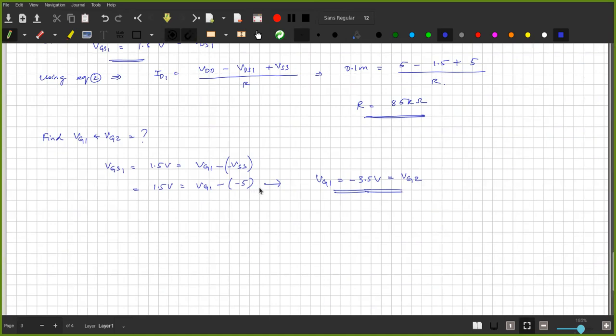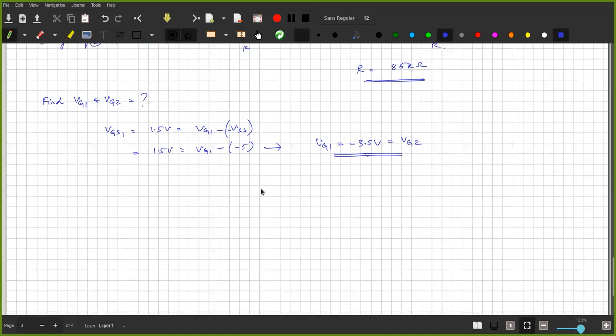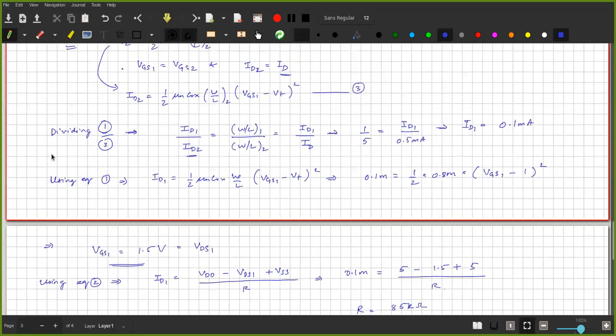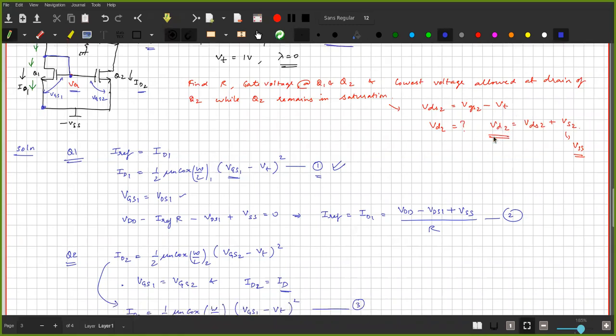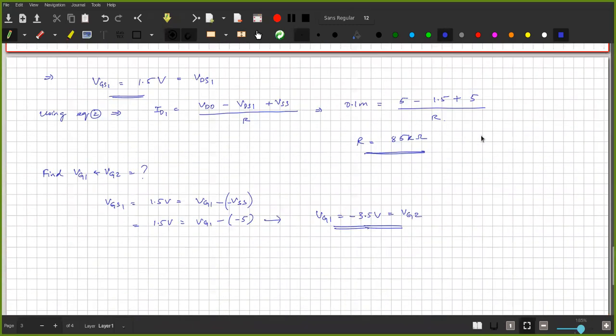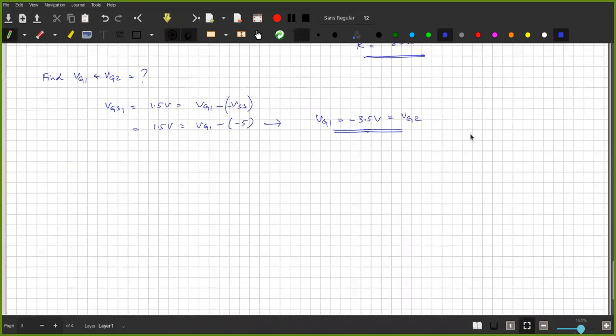From this, what is next is I have to find the limiting condition. It says the lowest voltage allowed at the drain of Q2 while Q2 remains in saturation. So here it is essentially asking VD2. For that I have to find VDS2.